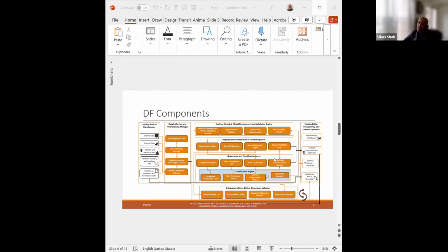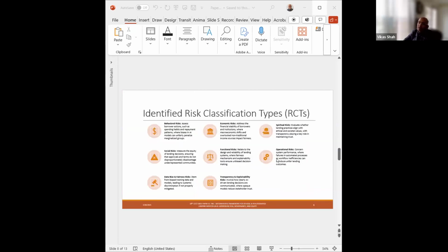So, for instance, it does not go into what the social risks associated are and how we measure them for automated lending services, right? So that's the distinction from NIST. Yes, we have looked at the NIST, but we are very specialized in ALS.